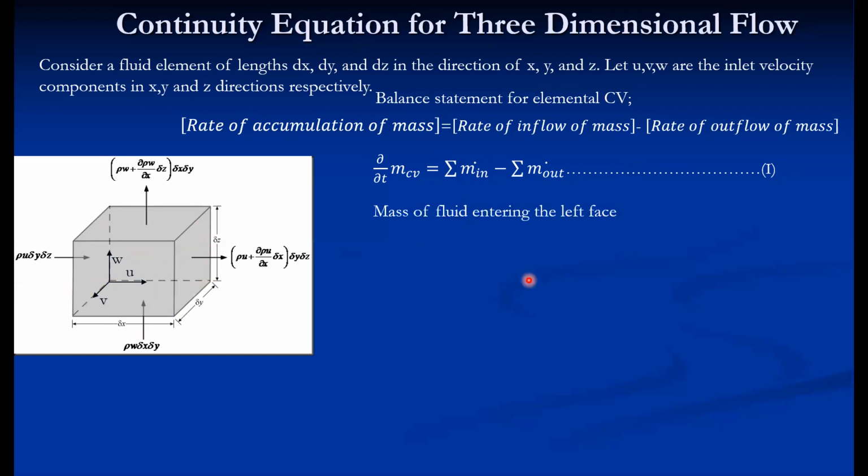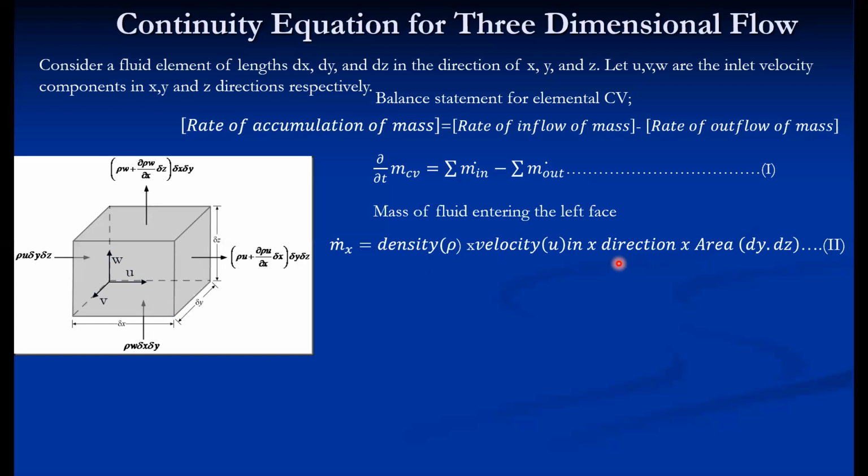Then, second, the mass of fluid entering the control volume. First of all, we consider the mass entering the control volume from this face, that is the left face. As per the definition, the mass flow rate is a product of density, velocity, and area. The basic definition of mass is the product of density and volume.